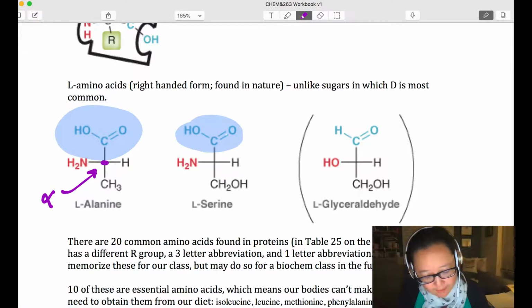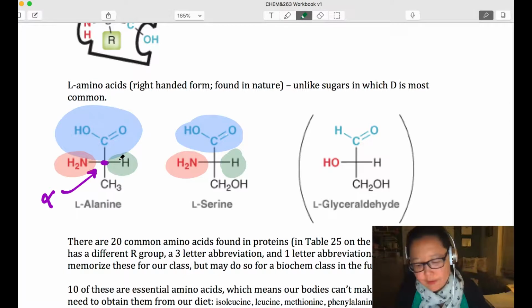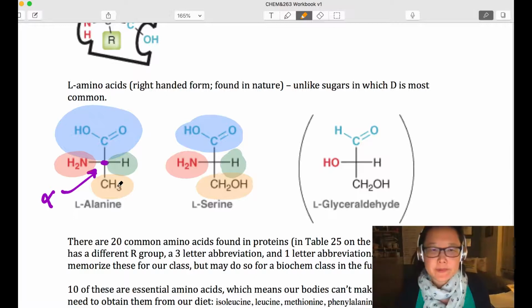We have an amino group, or an amine. Okay. We also have a hydrogen. And then our fourth group attached is an R group of some kind, so a variable group. All right, but they all have this kind of structure.